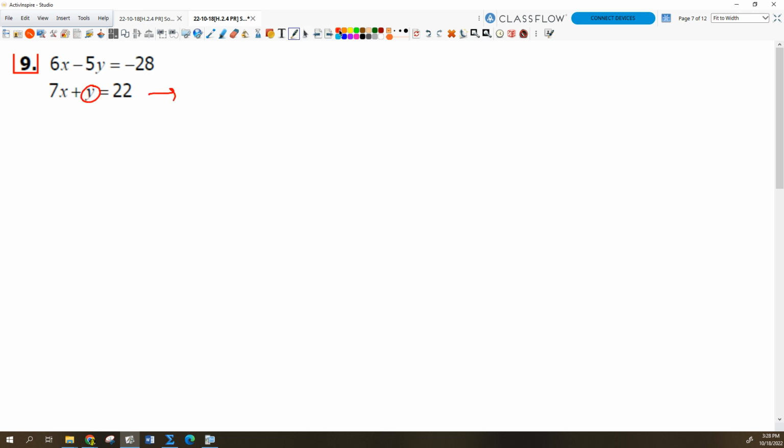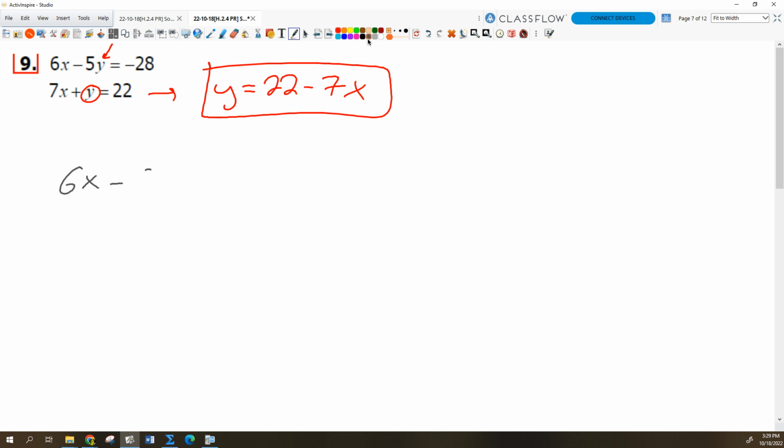All I have to do is subtract 7x to the other side, right? So I get y equals either negative 7x plus 22, or I could even just say 22 minus 7x if I want to, and I'm going to put a box around it. What do I do with that y? Plug it back in the other equation. So it's going to go there, right? So I'm going to get 6x minus 5 times y, which is 22 minus 7x.